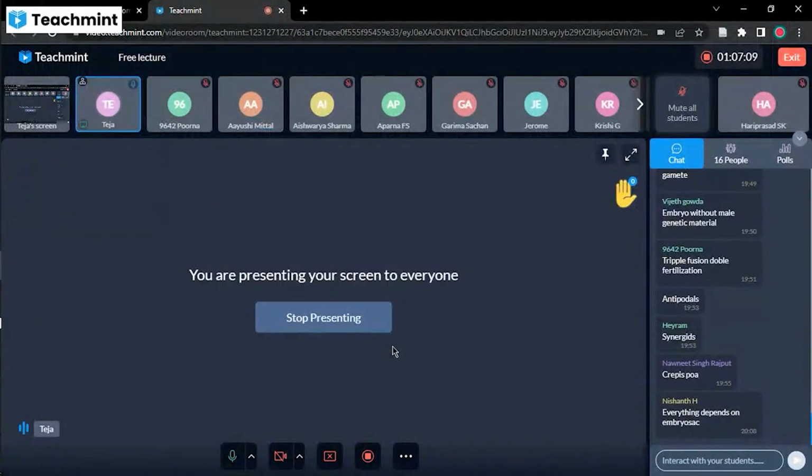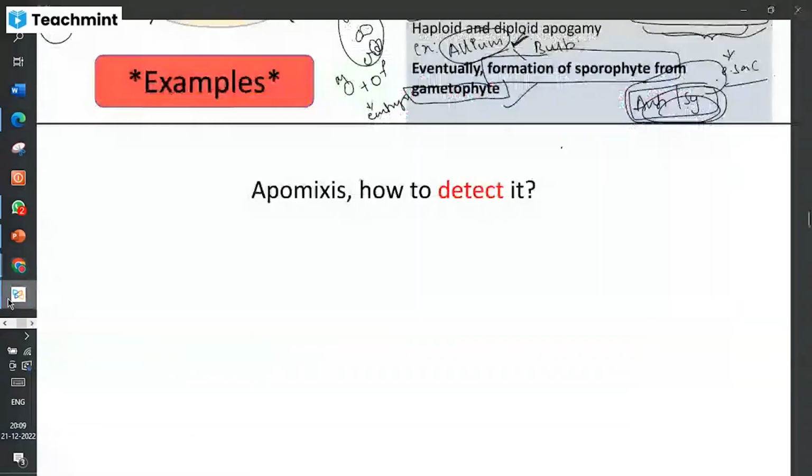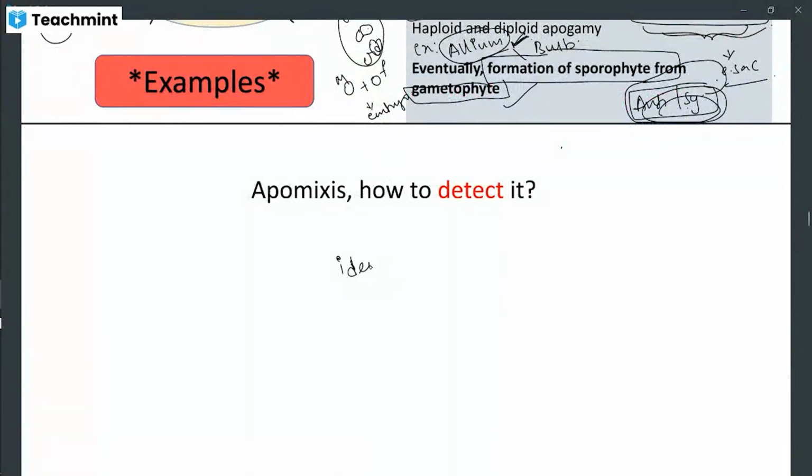How we can know that this plant is reproducing through apomixis? If it is exactly identical to parent. Okay, which parent? Identical to parent. Which parent?